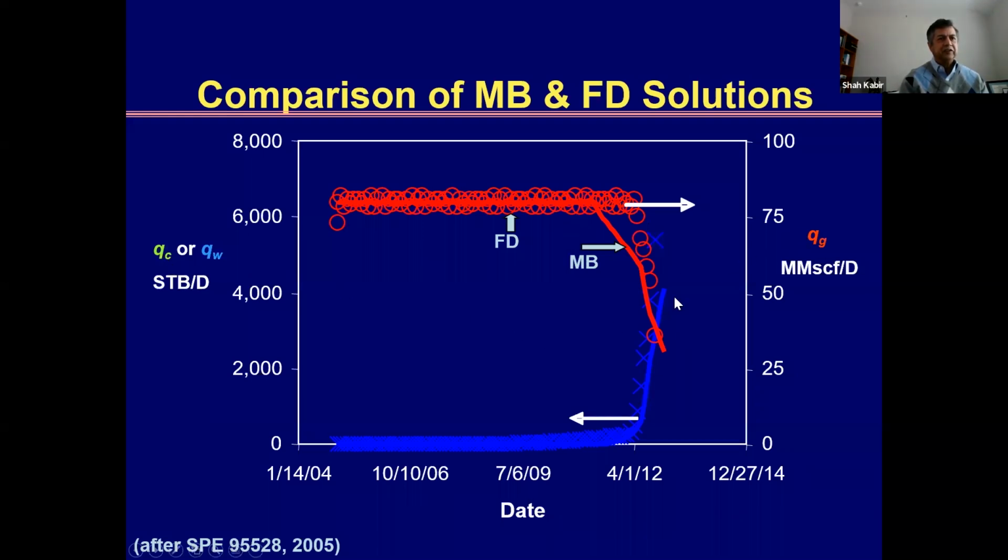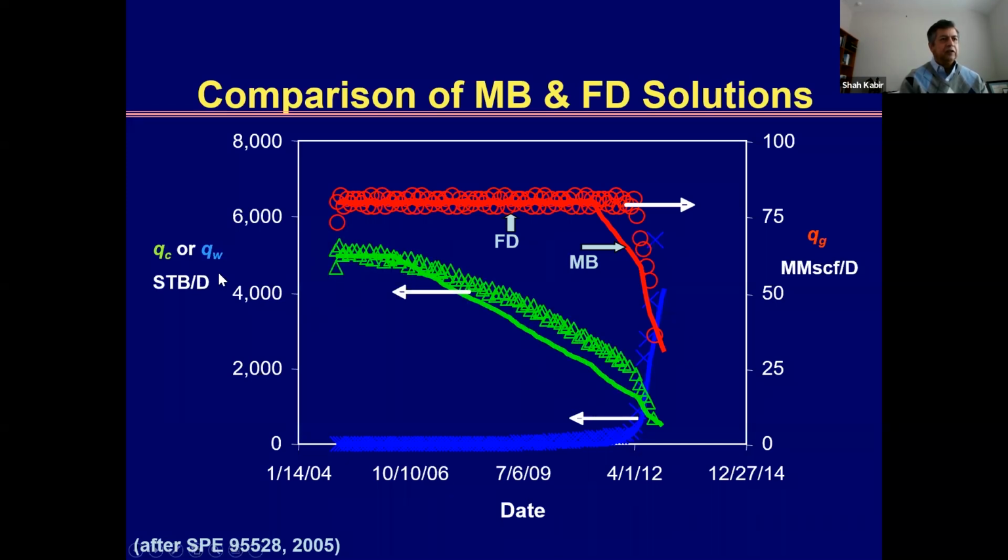This is gas, sorry. And this is water. And that's the condensate, the big item of interest. So the point is that yes, we should use a numerical model, but if we use a simple material balance single cell model, that's not too bad.